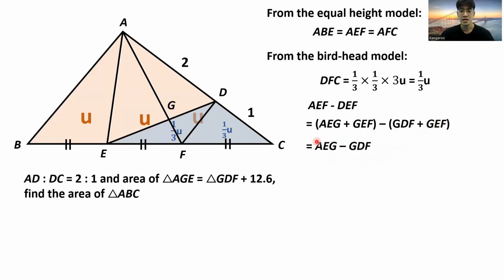I'm only remained as AEG minus GDF, which equals 12.6. Now, I know that U minus 1/3 of U is 12.6, so I can easily find that U, or 3U, the total area of ABC, is just 56.7. Now, this is such a great problem.